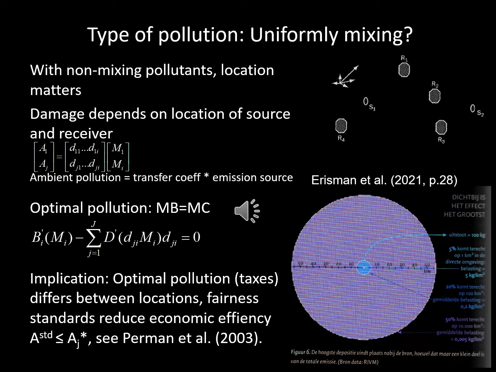One can imagine that this complicates finding optimal taxes, as fairness standards or environmental protection potentially clash with efficiency. An interested reader that is familiar with matrix notation can find a good introduction into these complications in Perman and colleagues.